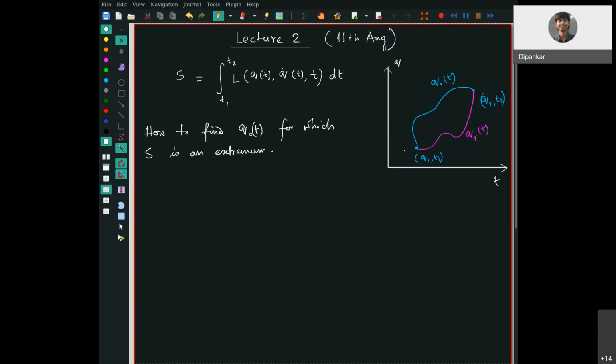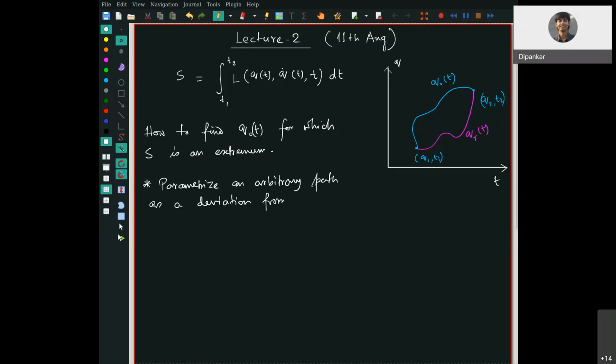We parameterize any arbitrary path as a perturbation, as a deviation from the correct path, which I have denoted by q0(t).